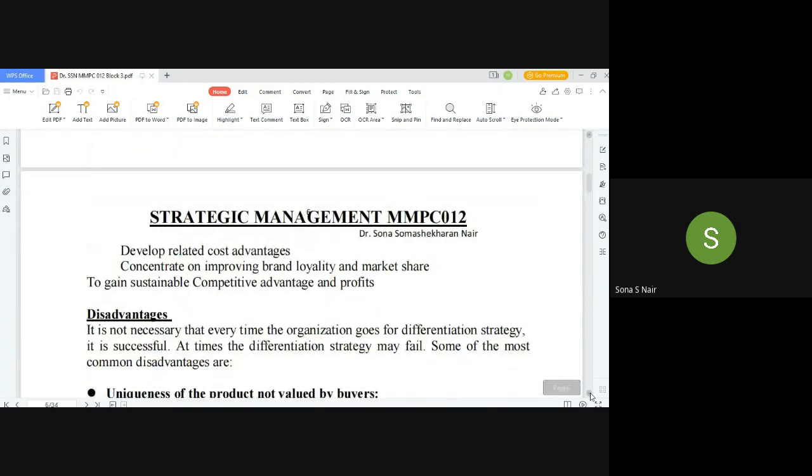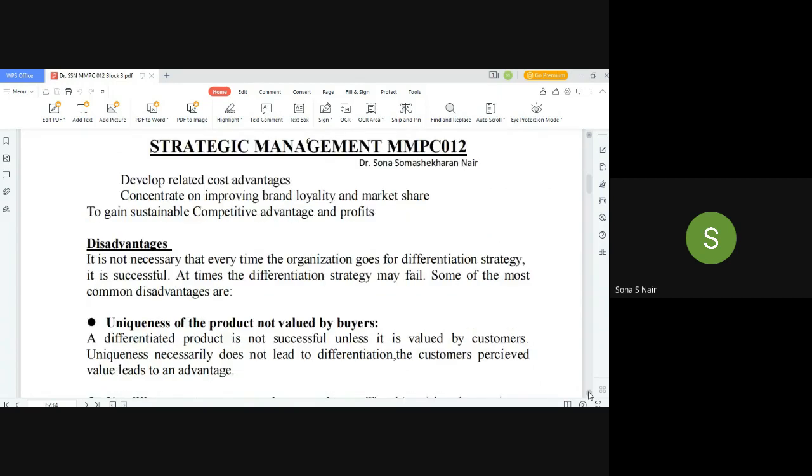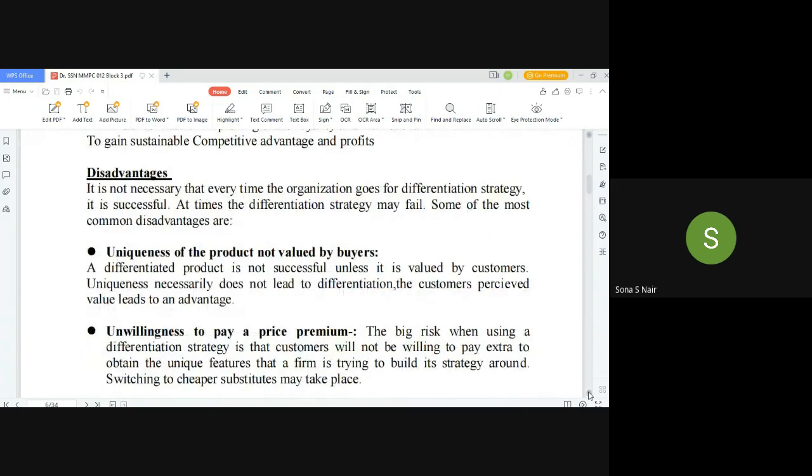But there are certain disadvantages also as far as differentiation is concerned. It is not necessary that every time a differentiation is brought into the marketplace, it becomes successful. Sometimes it could fail also. What are those conditions which may not lead to the desired benefits for the organization?